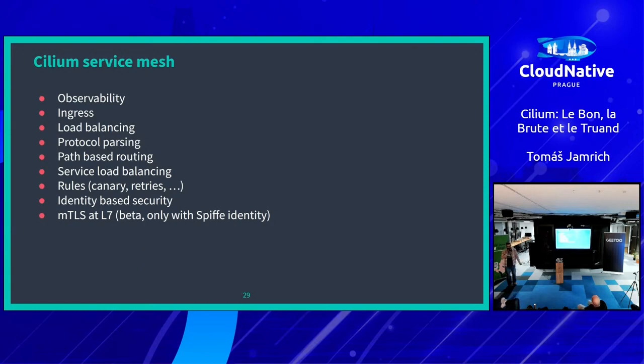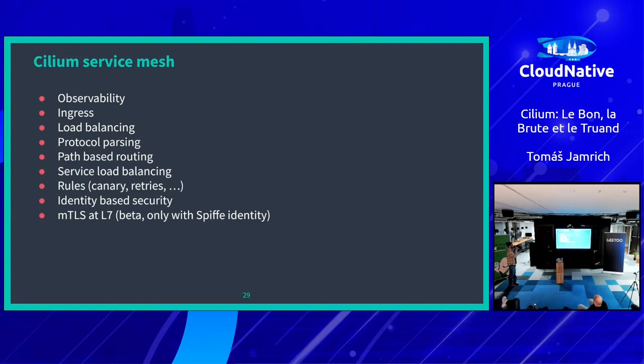Cilium has its own implementation of a service mesh. It covers all the observability fields, it has its own ingress, it provides load balancing, and it can rewrite paths. As I said, it is identity based, so you can use the Kubernetes identities, and you don't need rules for your IP addresses and subnets and stuff like that, which is unmanageable.